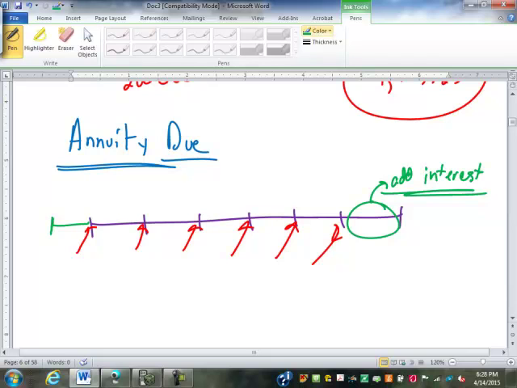So all that happens is there is a correction factor for the annuity due, and that is times 1 plus the interest rate divided by n. And that's it. This is the power of 1 because it's only one period that we're adjusting for.